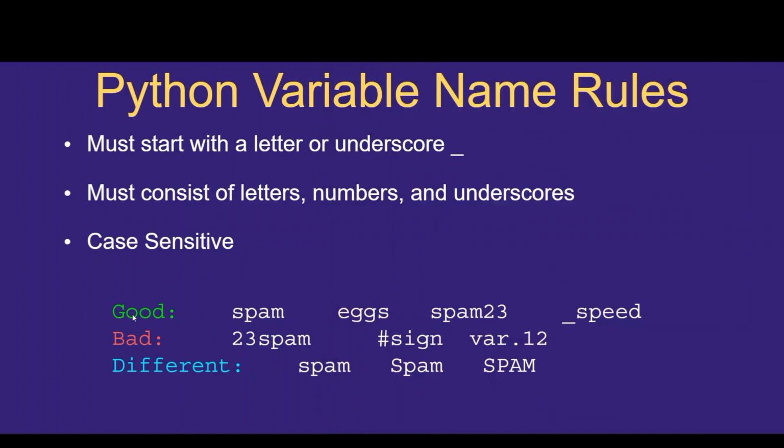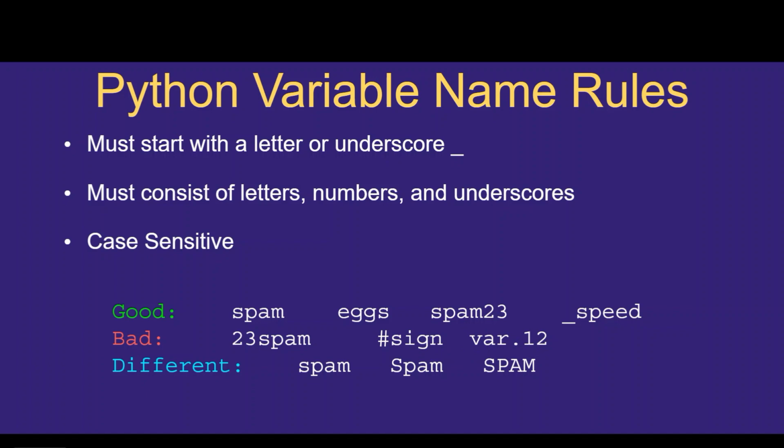Then you can see an example. Good. We have spam. This one is correct. Spam, eggs. These are examples of variables. You can see spam23 and underscore speed is okay. But this is bad. We can't use 23spam as a variable. Variable.20, no, we cannot use this.